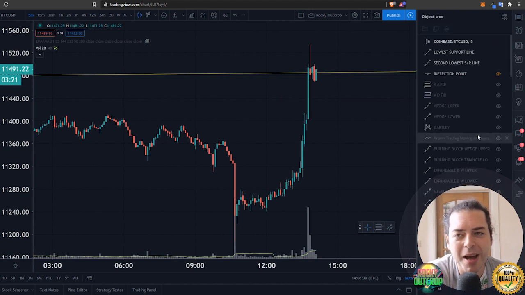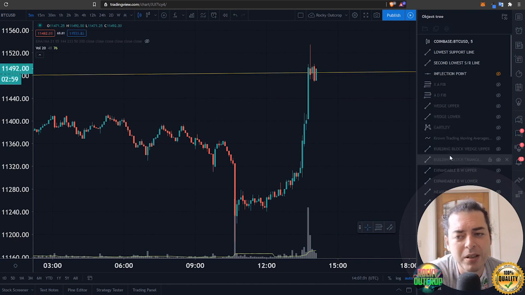If I just bring up my object tree, I'll be able to show you precisely why. I've got various support lines, resistance and support lines, an inflection point drawn in as well. I also have Fibonacci's here, which I've labelled X to A and A to D because they also relate to a Gartley pattern. I have wedges, which have got the upper and lower line drawn in.